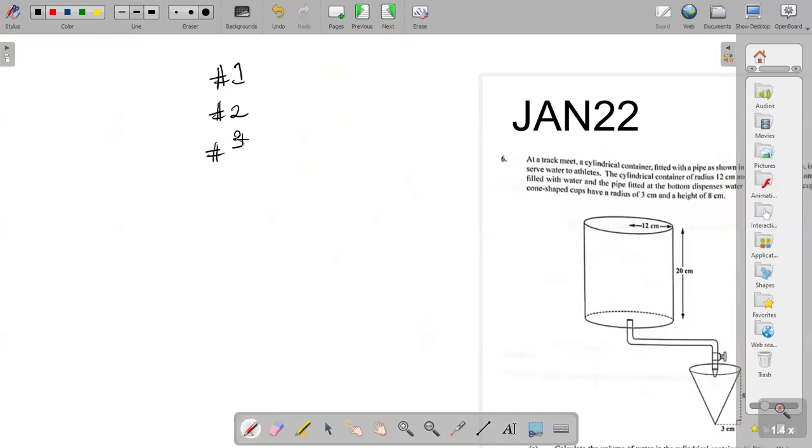Do as much as you can, even if it's half. Do number 4, number 5, skip number 6, do number 7, skip number 8, do number 9, do number 10, then go back to number 8 first, then number 6 last.